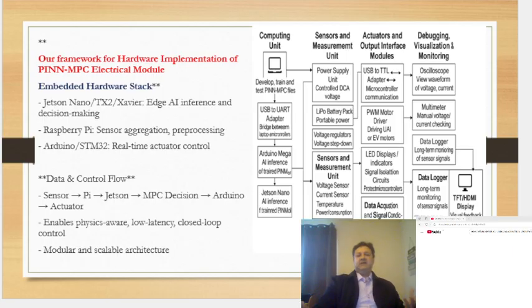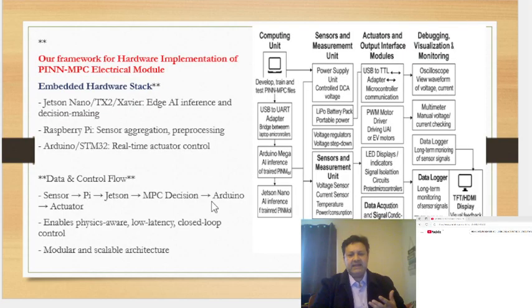If you look at this colorful block diagram, you don't have to really focus on this. The reason I'm telling you why we chose NVIDIA's Jetson is that it works well with the utilization of artificial intelligence modules in hardware implementation.